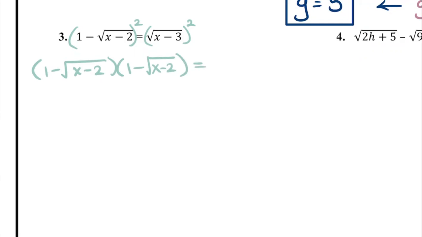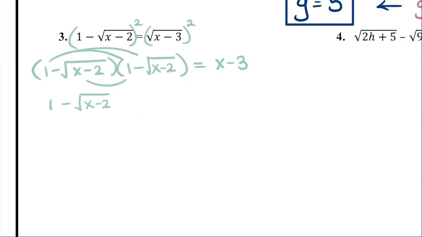Okay? So what happens on the right-hand side? It will just be x minus 3. Good. So FOIL it out and let's see what we get. So 1 times 1. 1. Good. And then 1 times negative rad x minus 2. Just a negative rad x minus 2. Good.